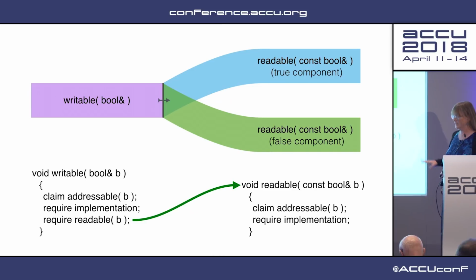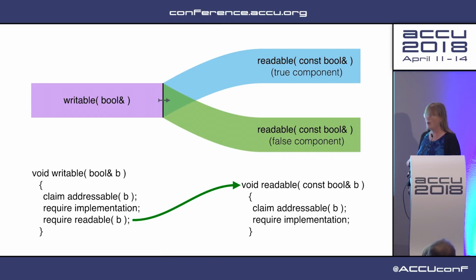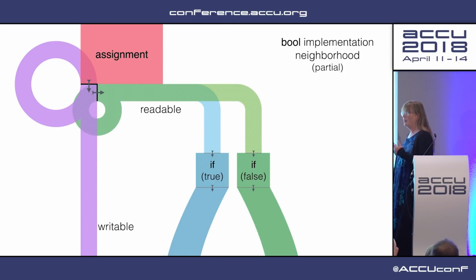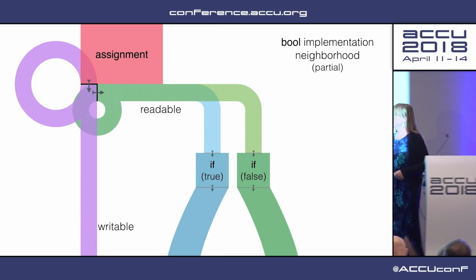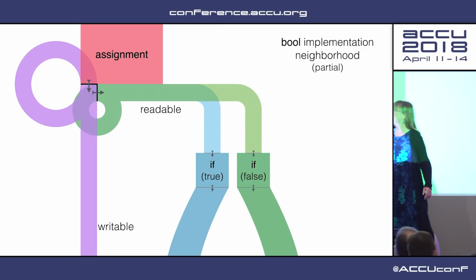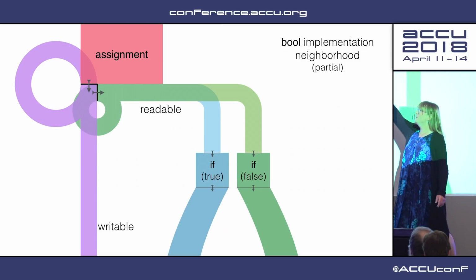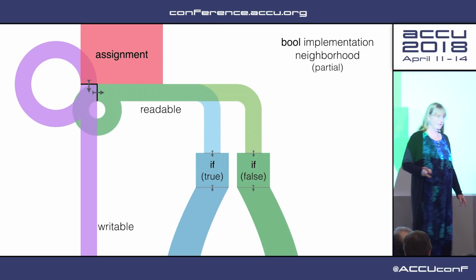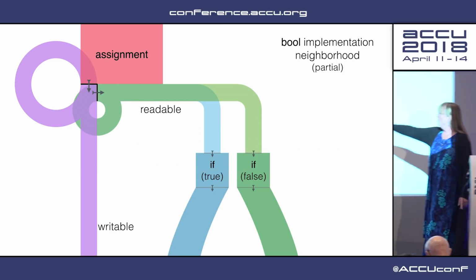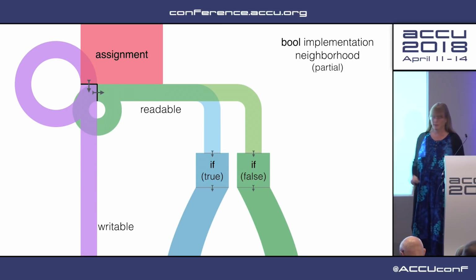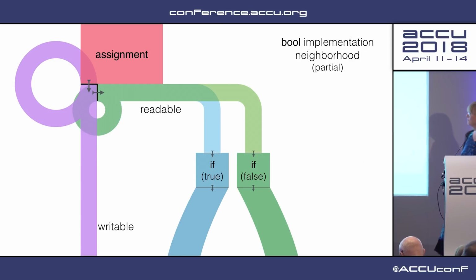Using this, we can draw a little bit of the neighborhood of bool: assignment, writable asserted in the epilogue to assignment, readable asserted in the epilogue to writability, which can connect in two pipes down to the if statement here.